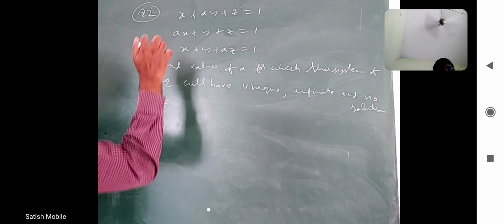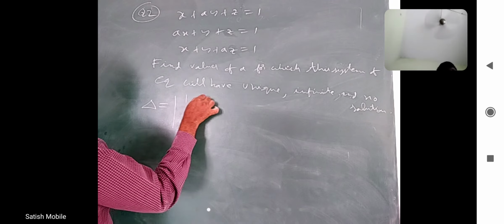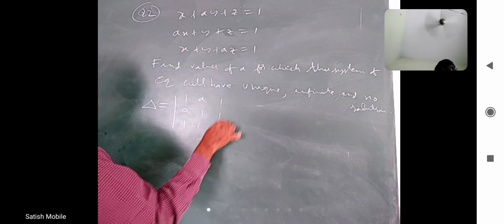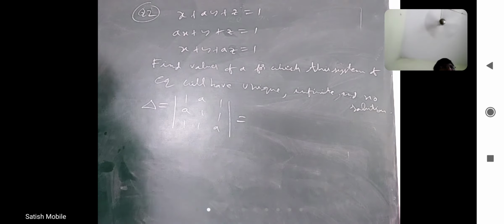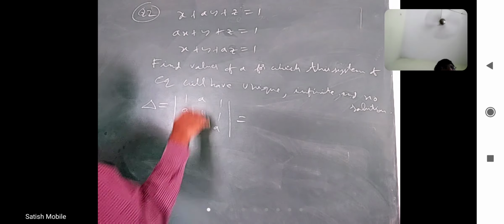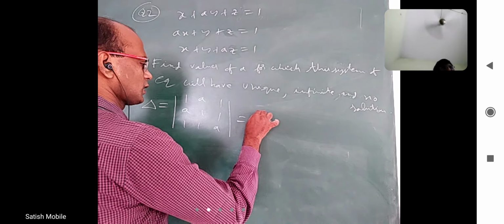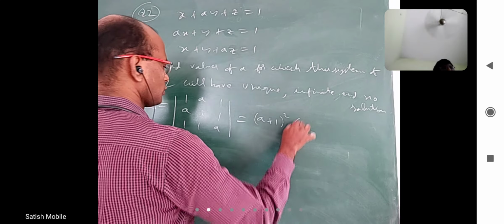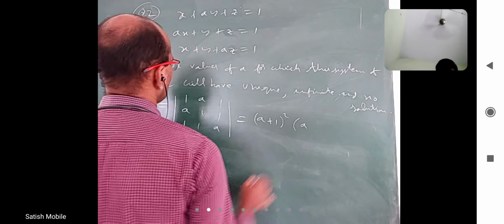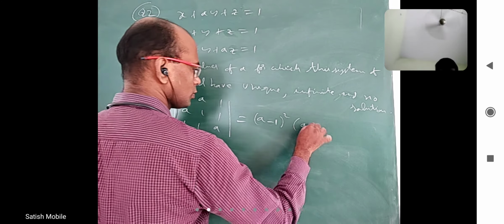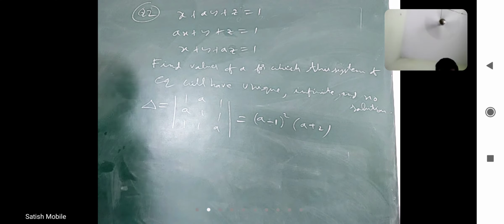Okay, so what is delta here? 1, a, 1, a, 1, 1, 1, 1, a. When I find this, you can expand directly, do whatever way you want. I think I'll get (a plus 1) whole square into (a plus 2). No, (a minus 1) whole square into (a plus 2).